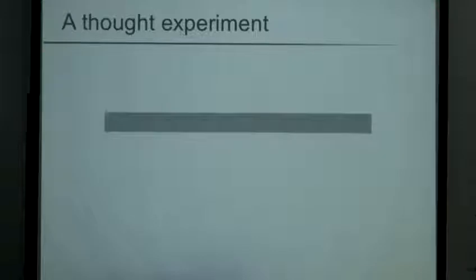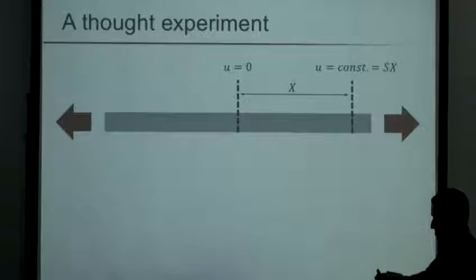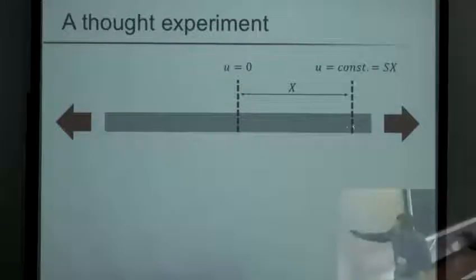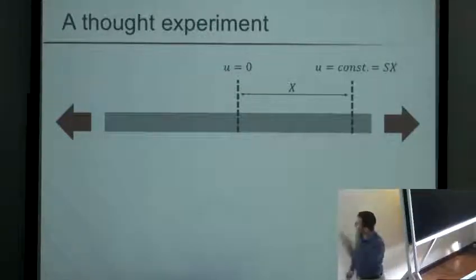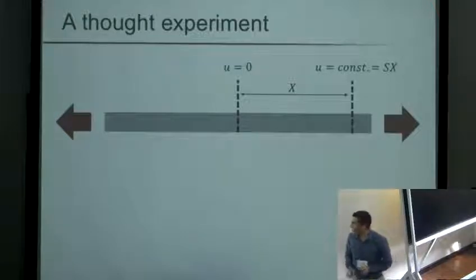I'm going to anchor this rubber strip at the center, so the velocity at the center is going to be 0, and I could start stretching it. I'm going to do that in a way that if you measure the velocity of that rubber strip at a particular point in space, the velocity is going to be constant. So basically, the way that I'm stretching it is that I'm accelerating as I'm stretching it.